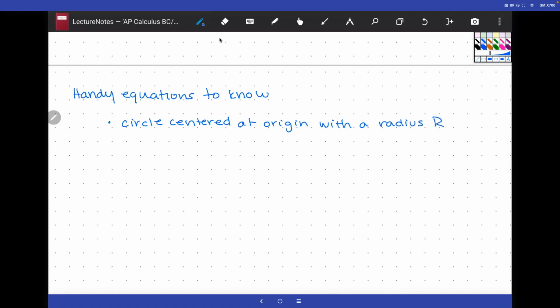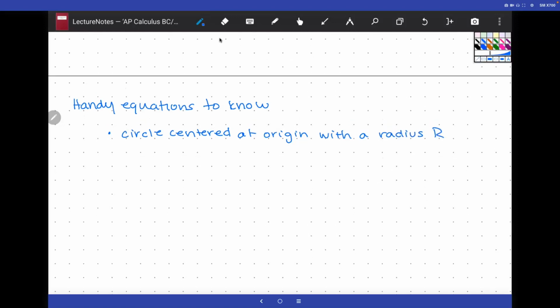Just out of curiosity, based on what you've seen. What would it be in polar form? It would literally just be R equals R. Because you want every single point on the circle with radius R.